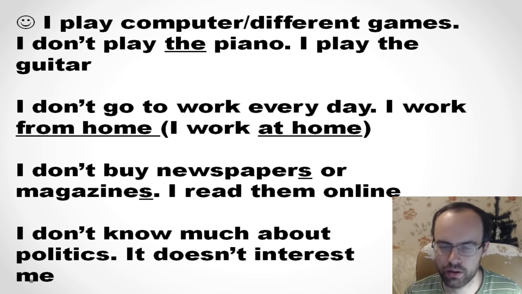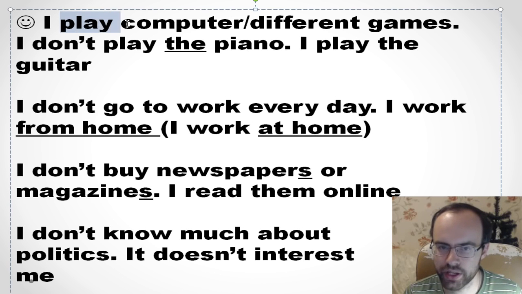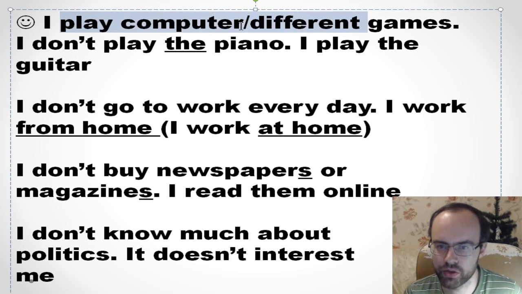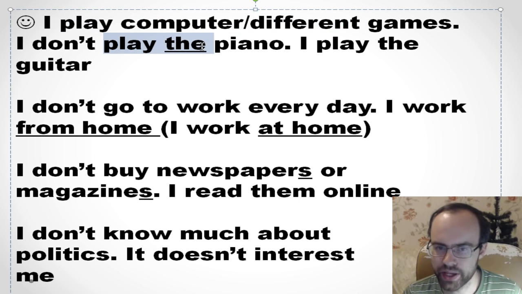I play the guitar. So you need to remember that we don't use actually a preposition after play. So we say play games, play computer games. But if it's a musical instrument, we say play there. Like here, I don't play the piano. I play the guitar. So we use that because it's a musical instrument.